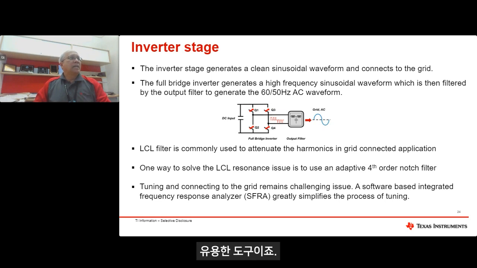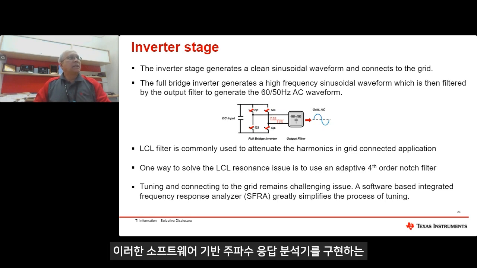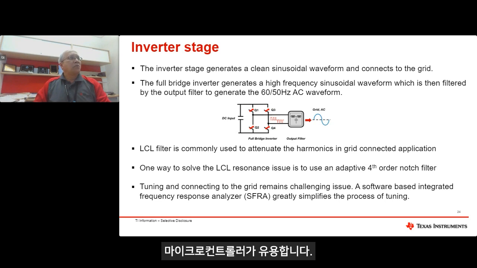That can come in handy, and a microcontroller that can implement such a software-based frequency response analyzer eliminates the external equipment and can be used to verify the control loop stability.